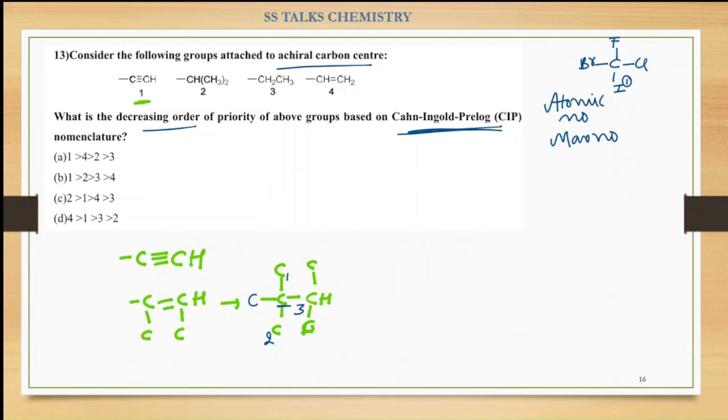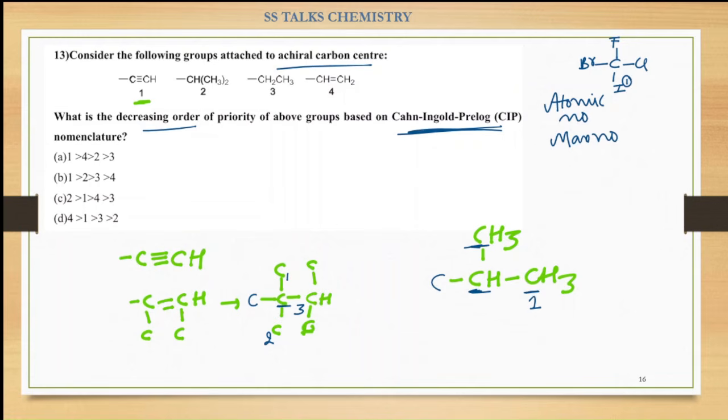Now let us look at the second one that you are having. It says CH with the CH3 twice. That means we are having a CH attached with two methyl groups like this. That means this is attached to the carbon center. If this one is attached to my carbon center, this carbon is further attached with one carbon and two carbon atoms, right?